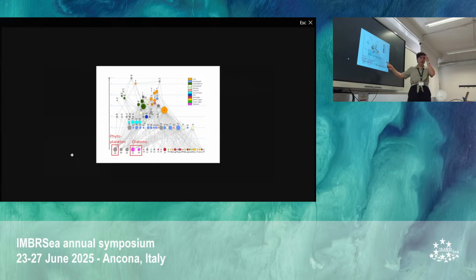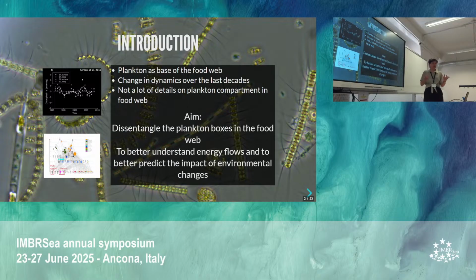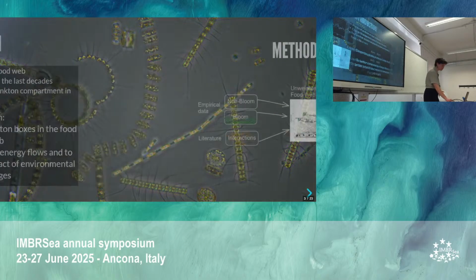So this is a food web for all the specimens, but it has only 3 phytoplankton nodes, 2 of them benthic and 1 pelagic. So this led me to the aims of my work: to disentangle the plankton boxes in the food web for a better understanding of the energy flows and to better predict the impact of environmental changes on the system.